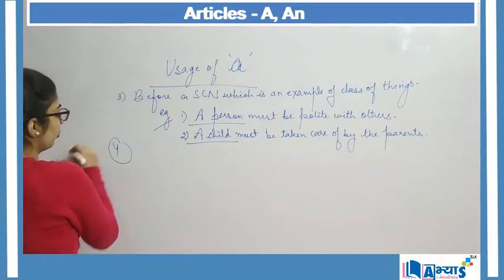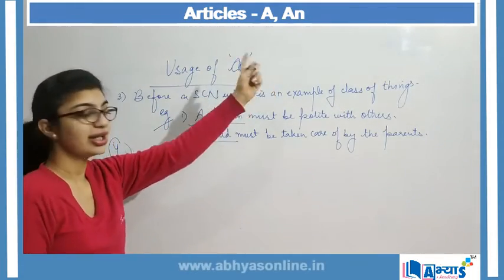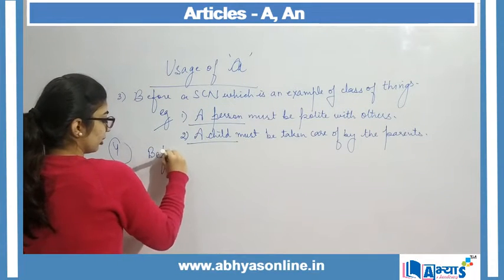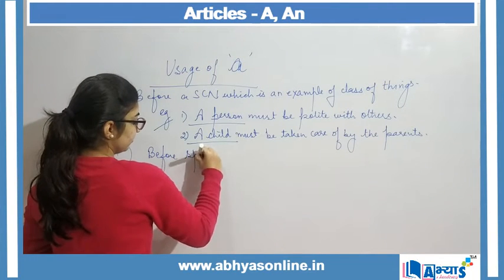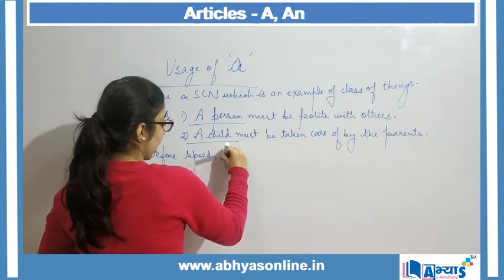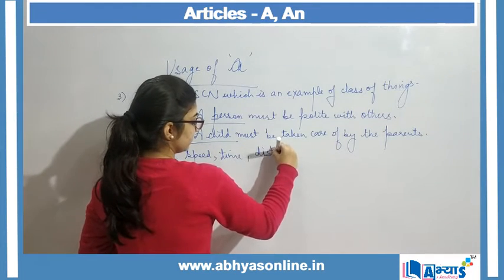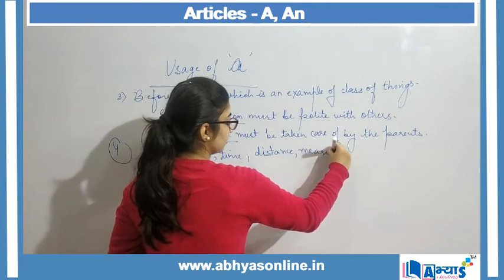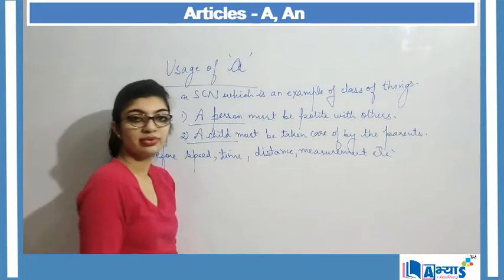The fourth way in which we can use the article a is before speed, time, distance, measurements, etc. Right?